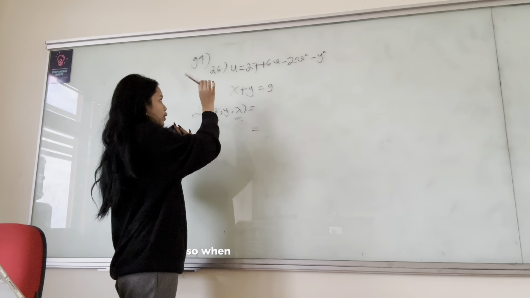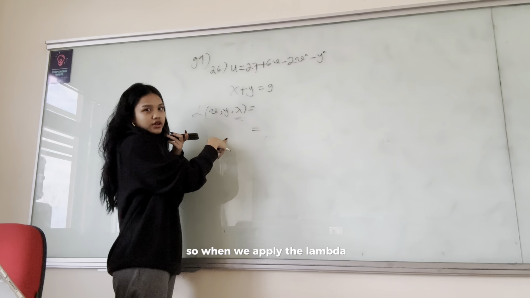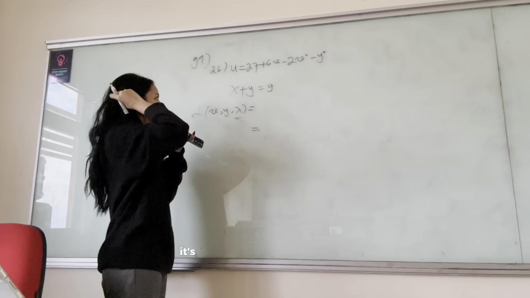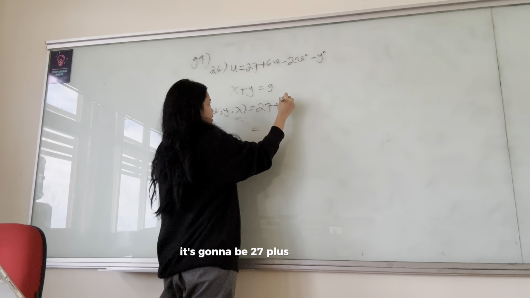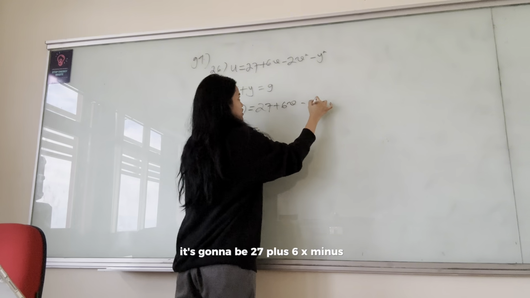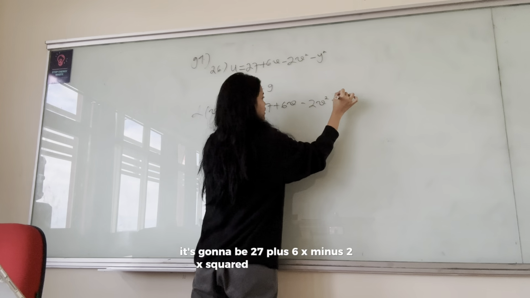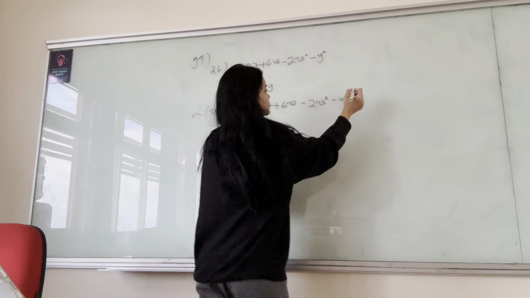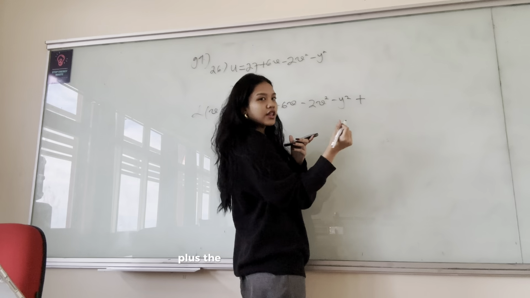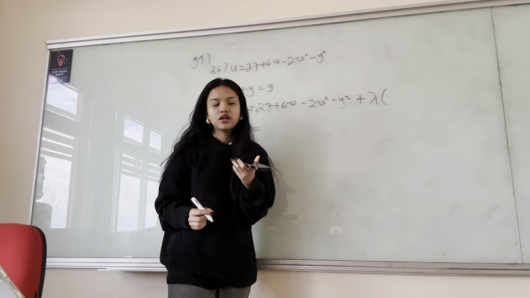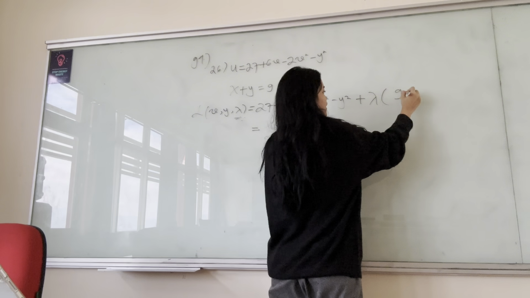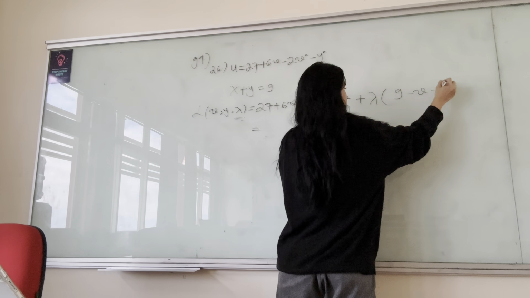When we apply the lambda function, it becomes 27 plus 6x minus 2x squared minus y squared plus the lambda multiplier times 9 minus x minus y.